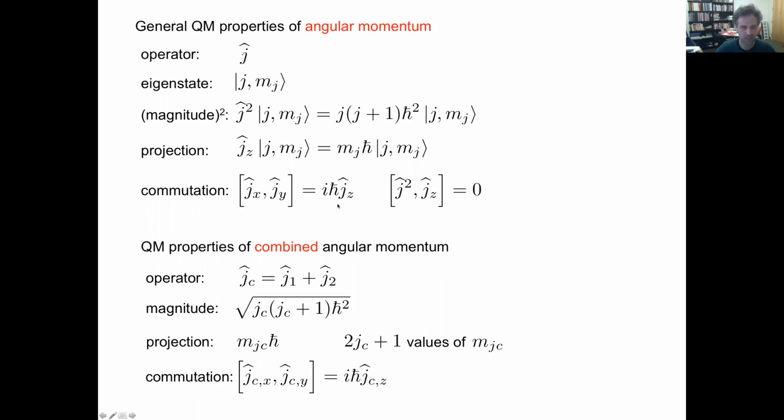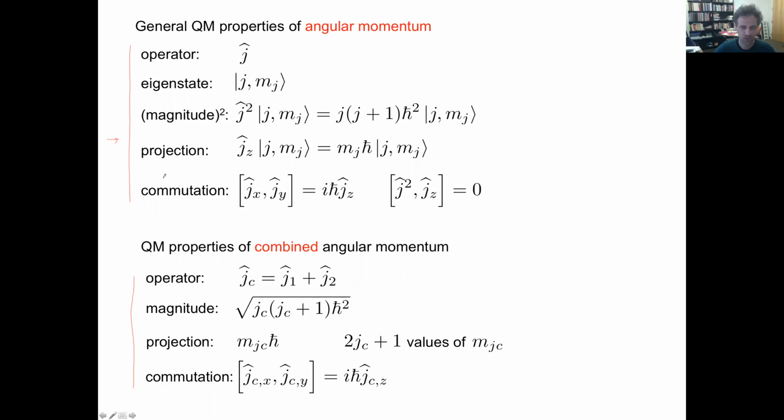There's no difference between the two. So in other words, this list of statements defines what angular momentum is in terms of quantum mechanics, right? And if I make a combination of 2 sources of angular momentum in quantum mechanics, I can define a new operator, and this operator behaves exactly according to the same rules as above, right? So that's really good to know. We need to know this, otherwise we cannot move forward.